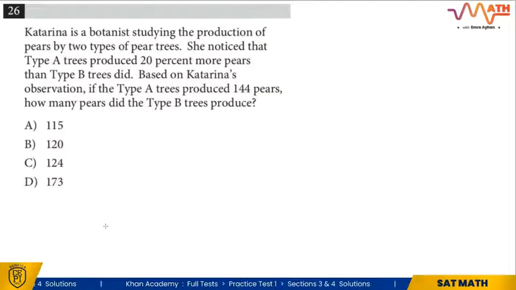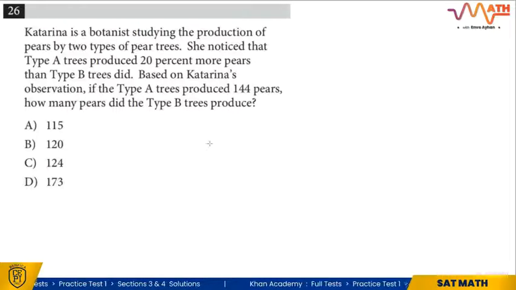26. Katerina is a botanist studying the production of pears by two types of pear trees. She noticed that type A trees produce 20% more pears than type B trees. So, based on Katerina's observation, if type A trees produce 144 pears, how many pears do type B trees produce?